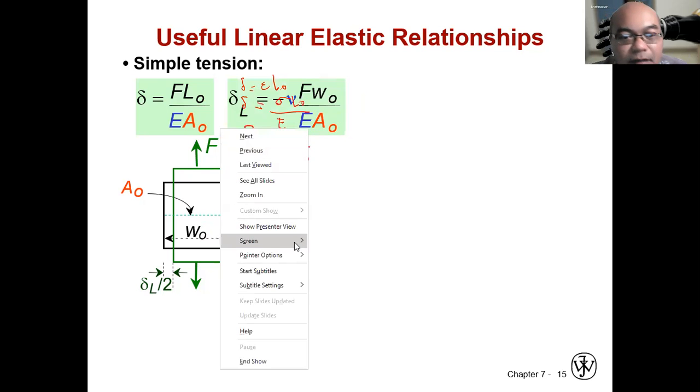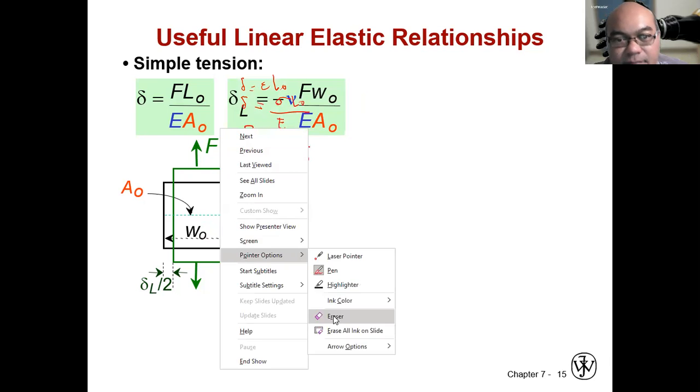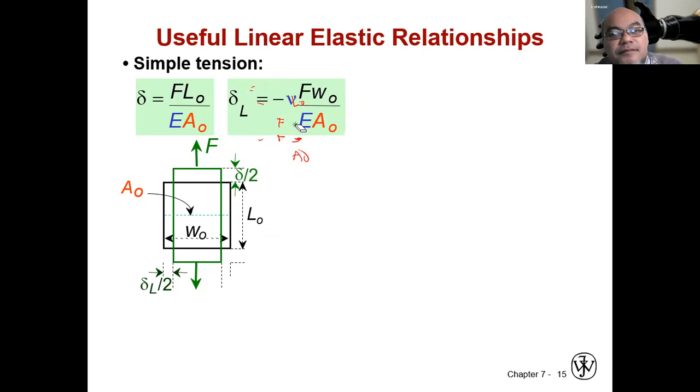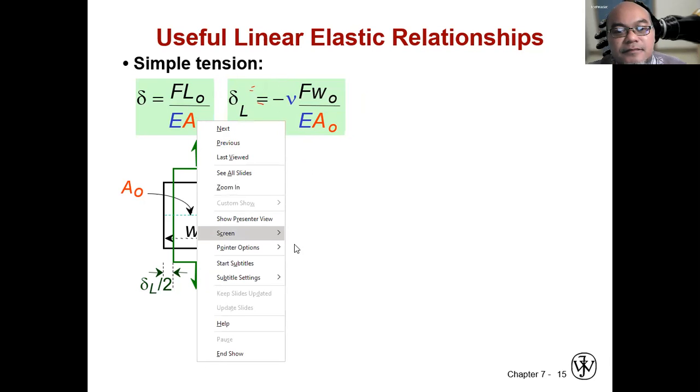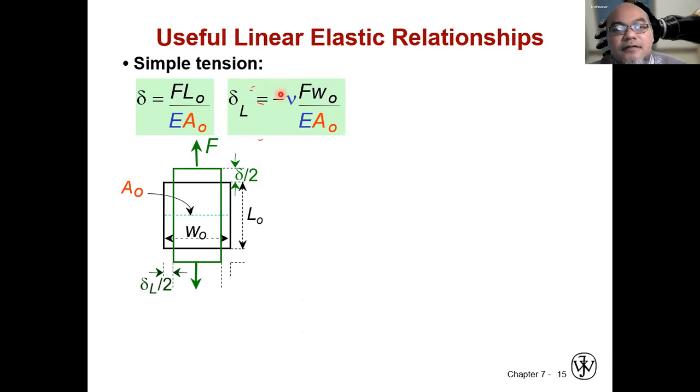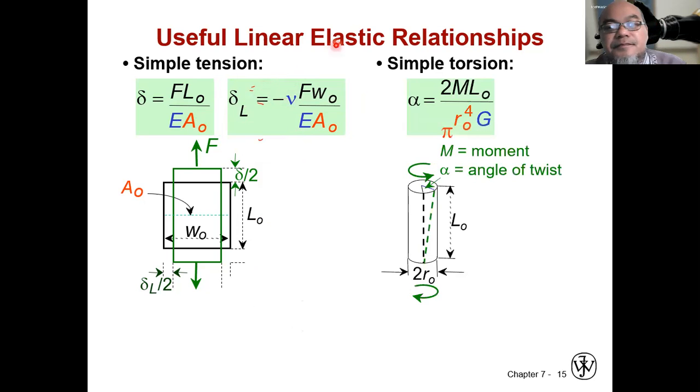Okay, so I cannot erase it. Okay, I can erase. So the lateral strain, on the other hand, you just need to multiply this delta value with the Poisson ratio nu, and remember to put a negative sign here.